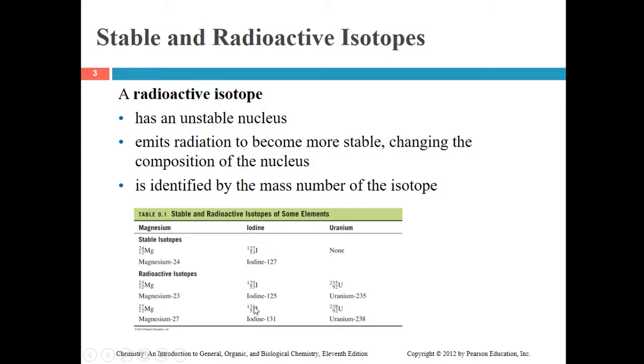Notice the mass is 131. It still has 53 protons, just like this stable isotope of iodine. But it's got more neutrons for our iodine-131. The iodine-125 has less neutrons. And so here's another example with uranium, uranium-235 or uranium-238.